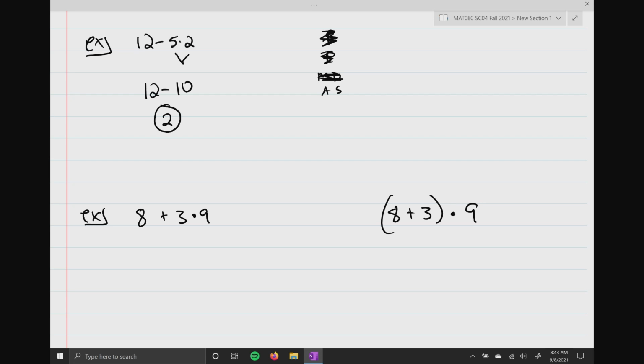Or do you need another minute? I see some people with their heads down. All right. So what do we get for the first one? 35. 35? Okay, let's see if that's correct.